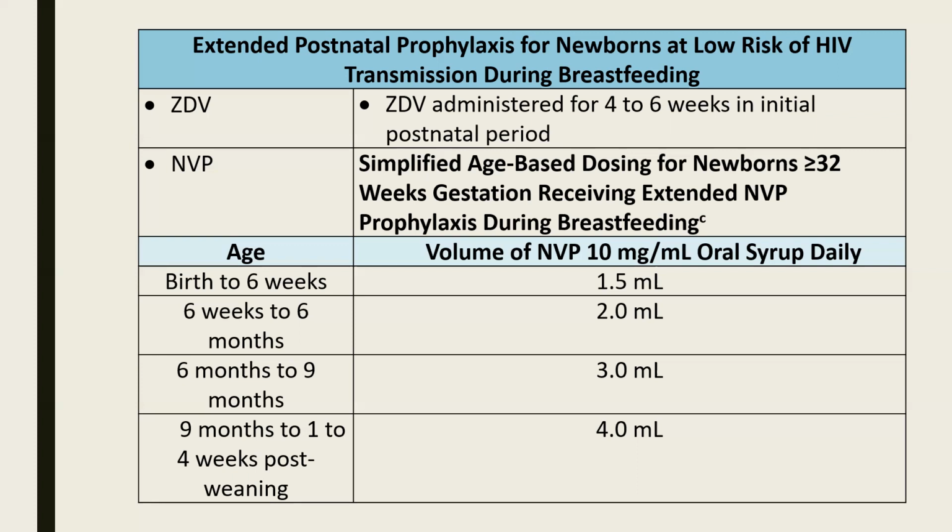But the WHO guidelines here for nevirapine do give us some recommendations on how to dose this. Likely there will be new recommendations and changes in the federal guidelines for the US perinatal guidelines, as well as the Illinois perinatal guidelines coming forth in the next year.